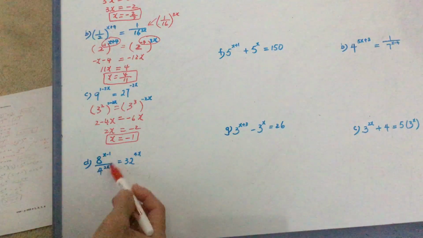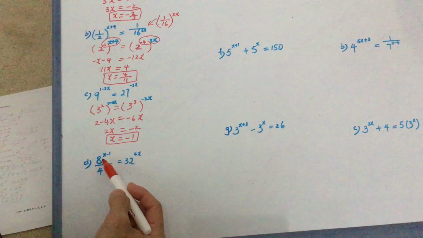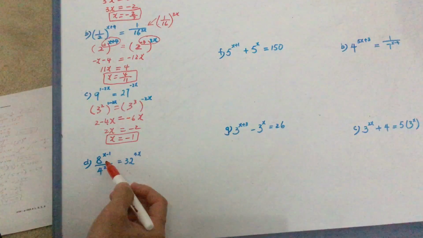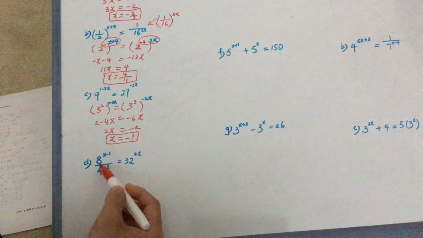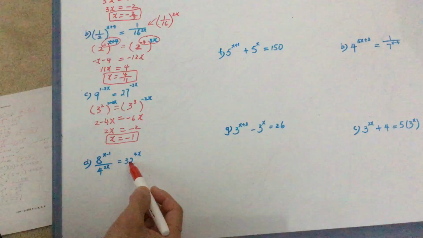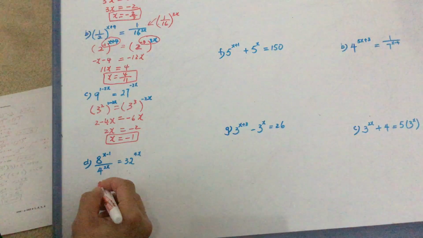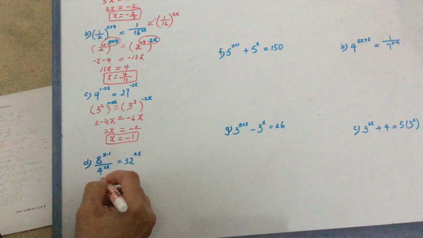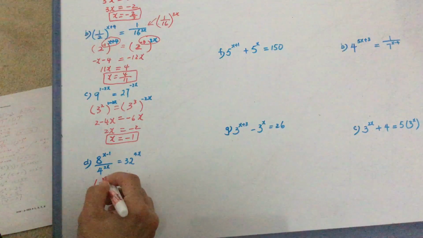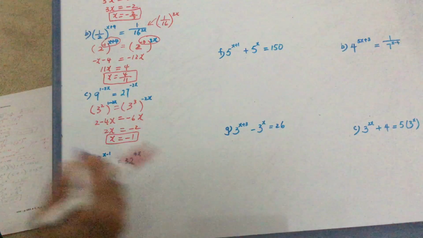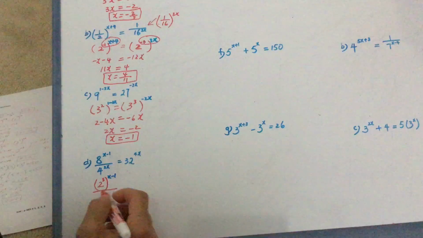When you have fractions equal to some number on the other side, but if you look at all the bases, between 8, 4, and 32, I can certainly turn everything in terms of base 2. So 8 will be 2 to the 3, and you still have the exponent of x minus 1 divided by 4.